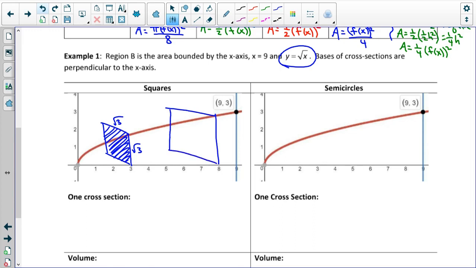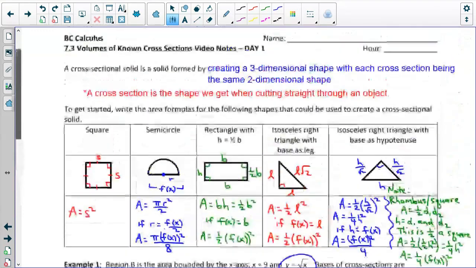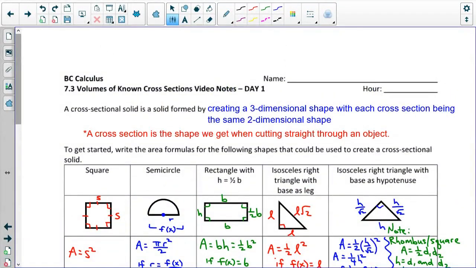And so it basically sums up, I end up with a shape that kind of looks like what we just saw. So I would have a whole bunch of these squares. So this one's square root of 8, and this length would be square root of 8. So basically what I have is all of these squares, and then I'm going to sum it up with an integral.